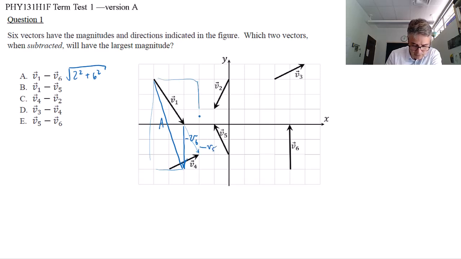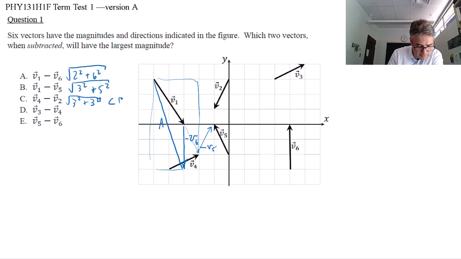So that's going to look kind of like this, the square root of 3 squared plus 5 squared. Not quite clear which one of those is bigger. V4 minus V2. So the minus V2 will take you up to here. So it's 3 by 3, the square root of 3 squared plus 3 squared. That's clearly less. C is less than B.